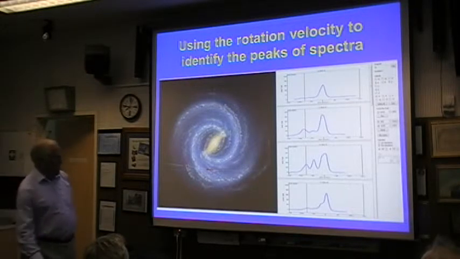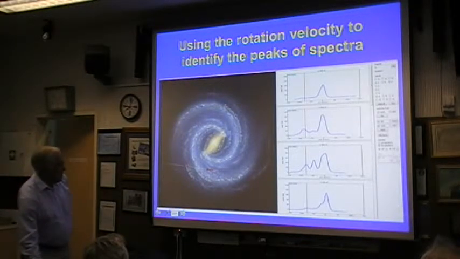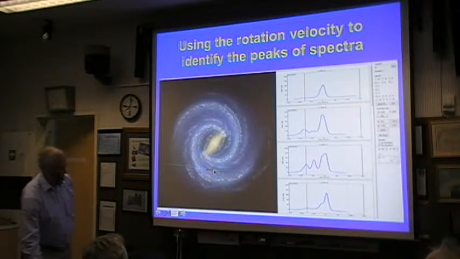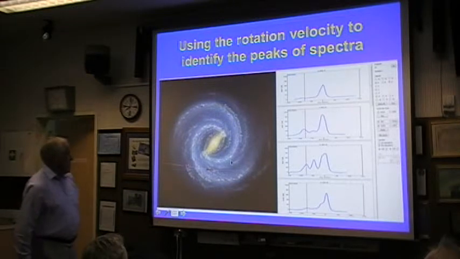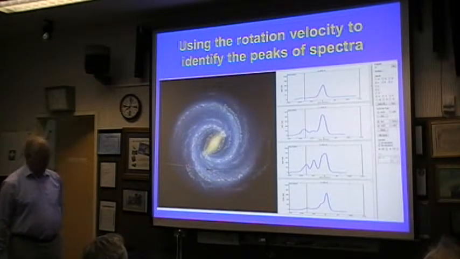But what it does is you can click on any point of the galaxy, and it will show you the rotational velocity that we have recorded and the velocity relative to us. We live near the Sun, that's where the Sun is relative to the centre of the galaxy, and that helps us to identify the peaks.